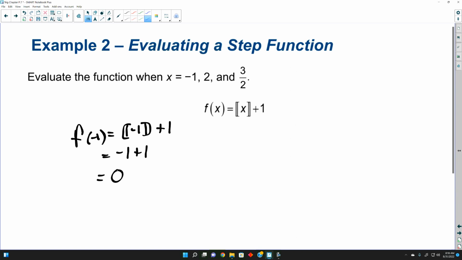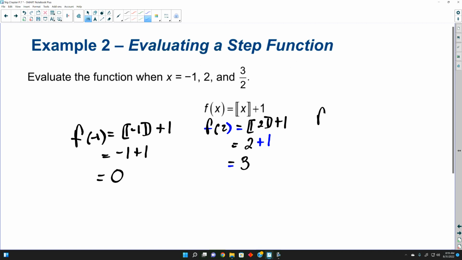So it really didn't change anything. If we looked at f of 2, well, that's the step function of 2 plus 1. The step function of 2 is still just 2, and 2 plus 1 is 3. Questions on this here?